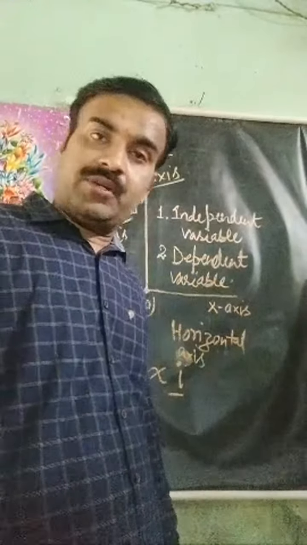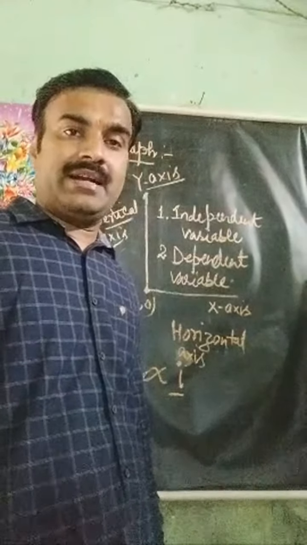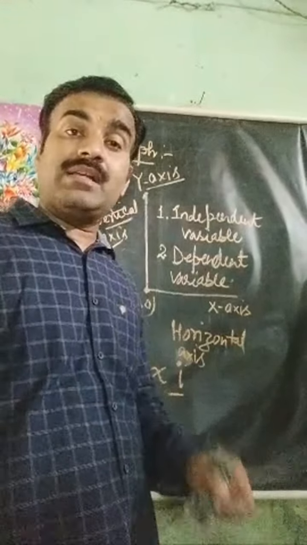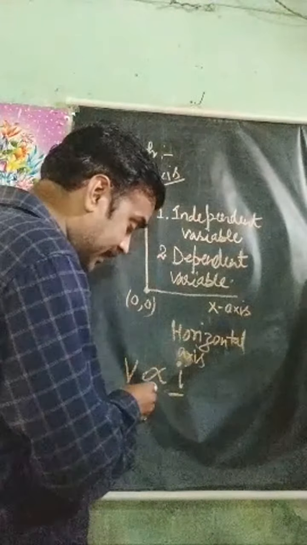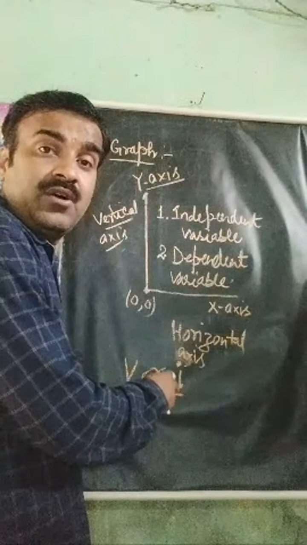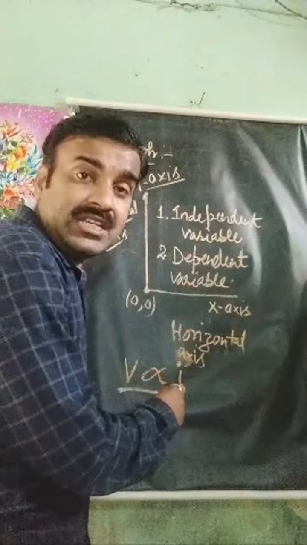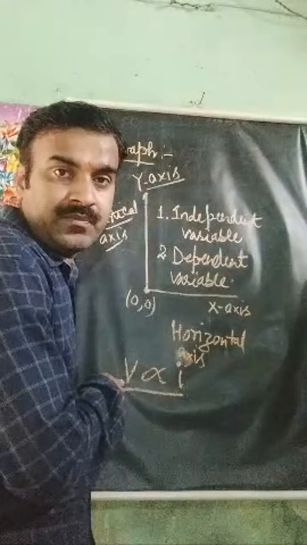Two types of variable you have to take, dependent and independent. I am going to explain from here: V is proportional to I. That means once there is a change in current, the potential difference will also change.